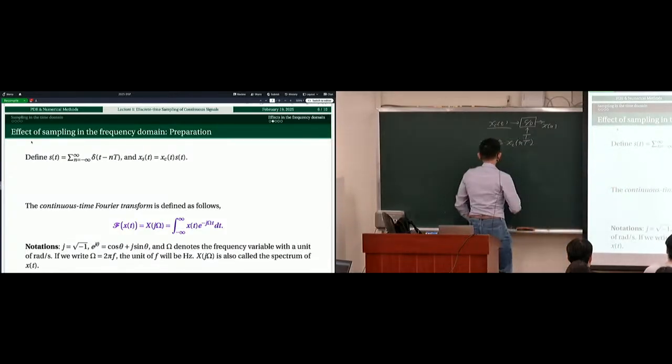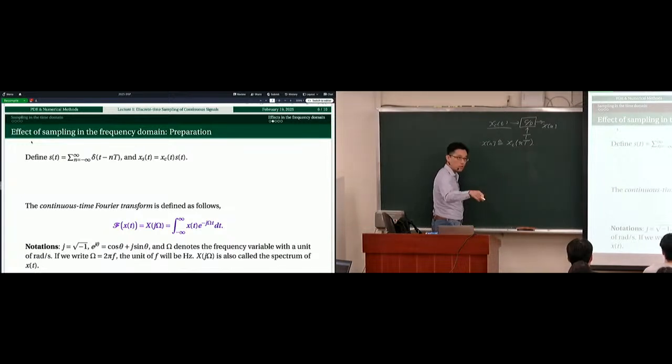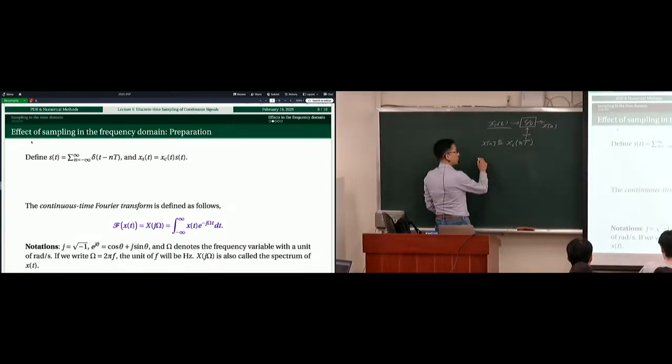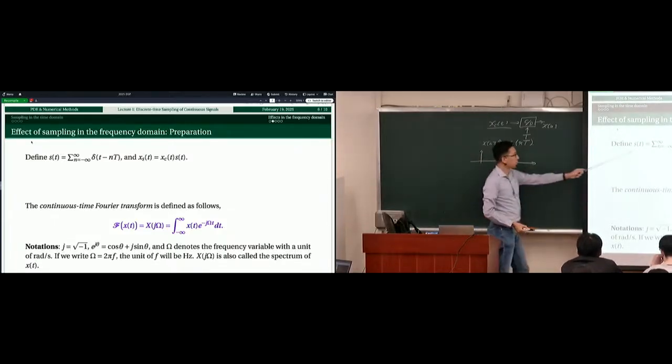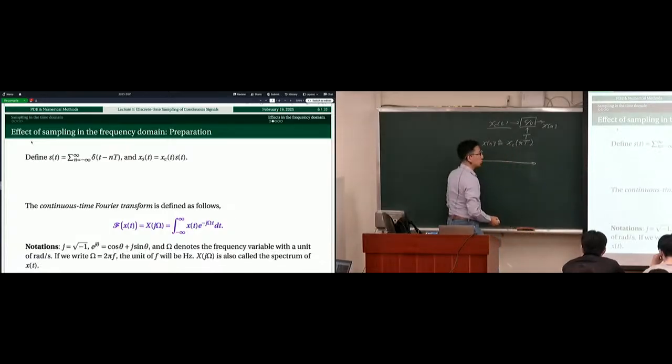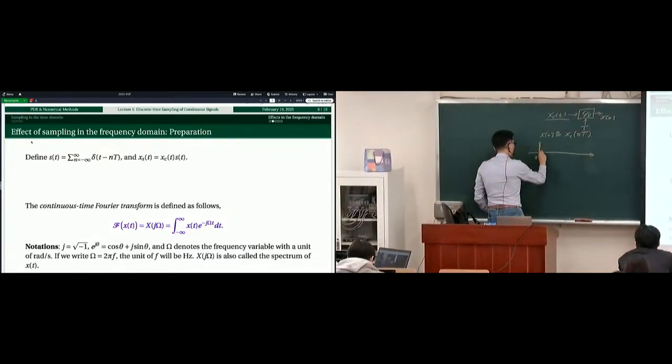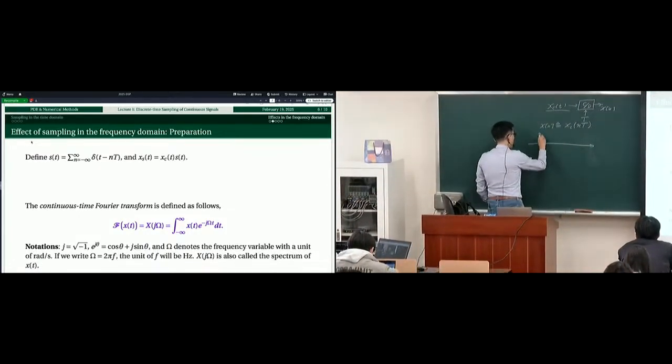So let me draw a picture. If you have your iPad, you can also write on the note. The room is supposed to be left blank here for you to take notes. So let's make a sketch. S of t. What does S of t look like? It's a summation of delta functions. We know that the delta function is typically sketched using an arrow pointing up, representing a delta function.